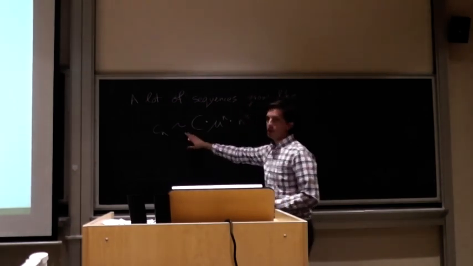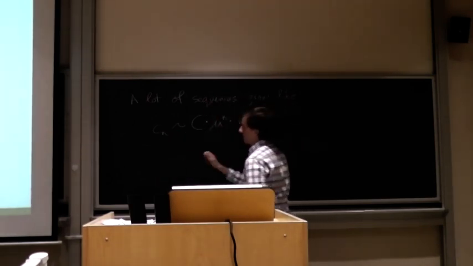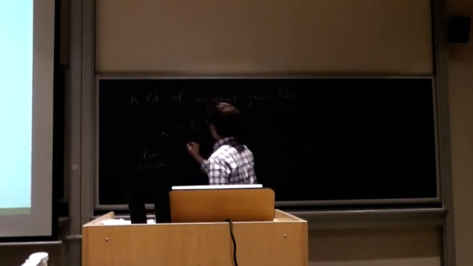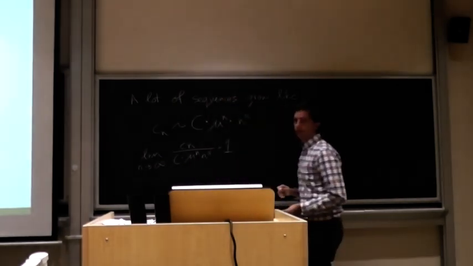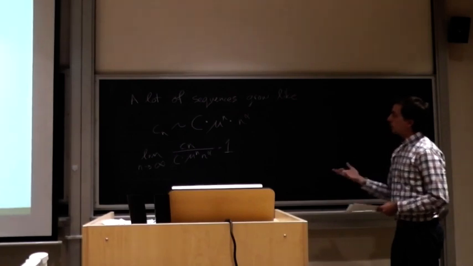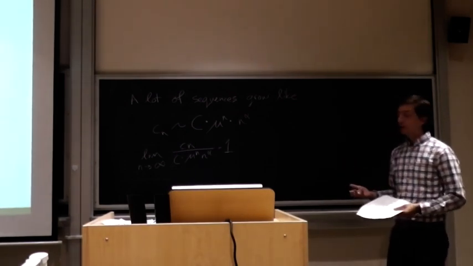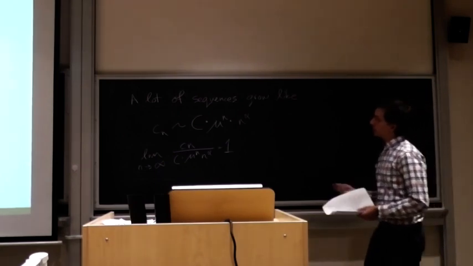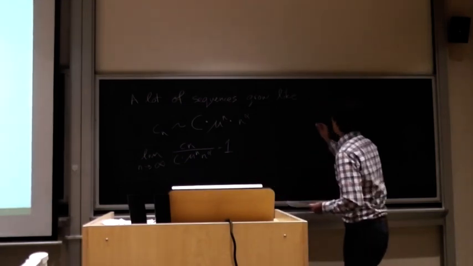And let me just define this notation in case anybody hasn't seen it. When I say the sequence grows asymptotically like this, I mean that the limit as n goes to infinity of the first side over the second side equals 1. Okay, so a lot of combinatorial sequences have this kind of growth, including the Catalan numbers, which are 4 to the n, n to the negative 3 halves. So one thing you might do is start by assuming your sequence grows like this, and look at the numbers and see if it actually fits.